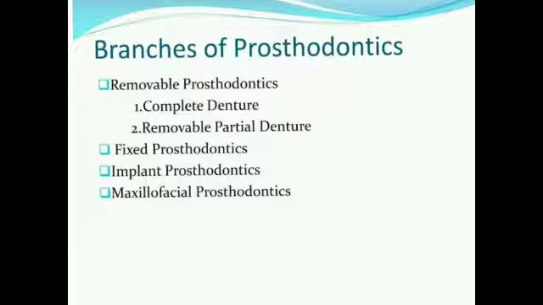Coming to the removable partial denture, it is defined as replacing missing teeth and supporting tissue with a prosthesis designed to be removed by the wearer. It is classified into removable complete denture prosthesis and removable partial denture prosthesis. In removable partial denture prosthesis, there are extracoronal and intracoronal types.